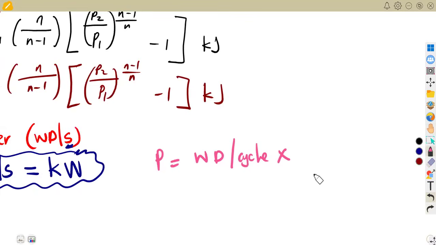Take note, you multiply it by the speed n. Let me just write n so that we don't have confusion. Because we need per second, the speed must be in revolutions per second, not per minute, so that your power will be kilojoules per second, which is in kilowatts.